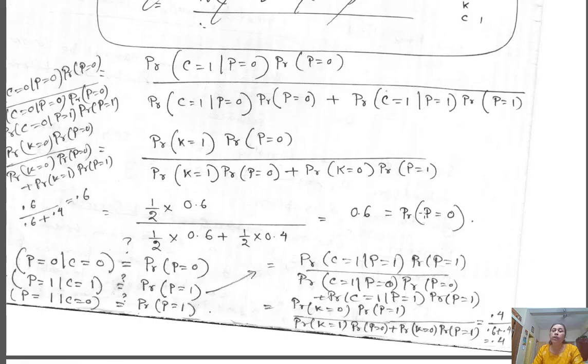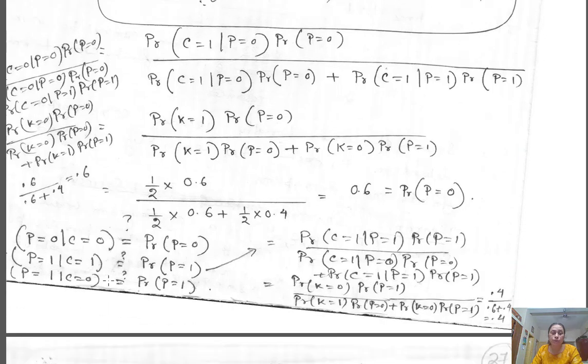You have to show this for every possible pair of P and C: 0, 0; 0, 1; 1, 0; 1, 1. Only then can you argue. So you have to show that probability of P equal to 0 given C equal to 0 equals probability of P equal to 0, and probability of P equal to 1 given C equal to 1 equals probability of P equal to 1.